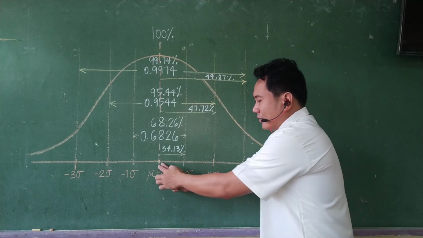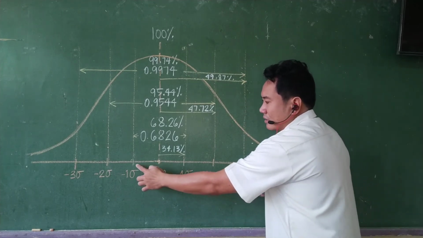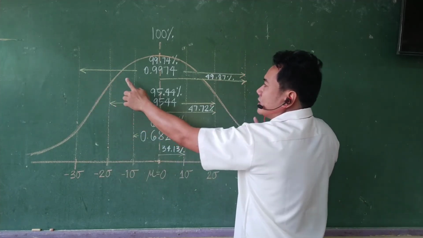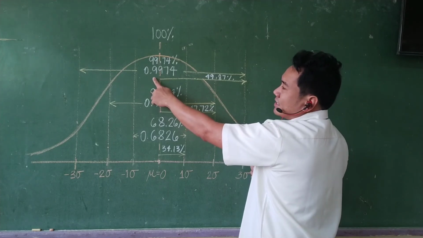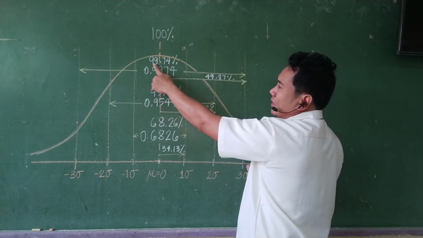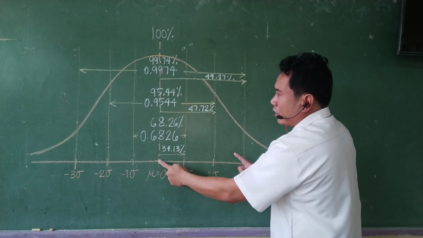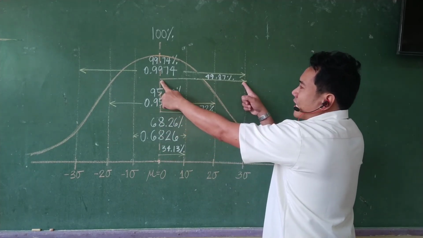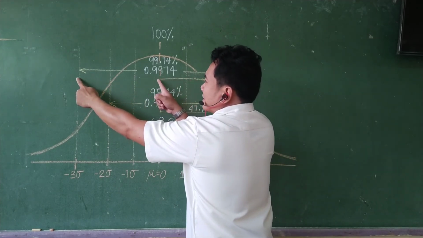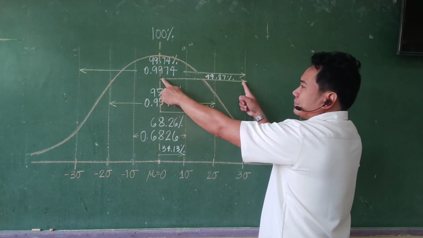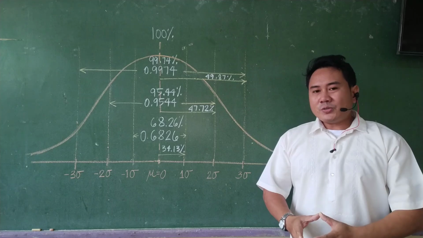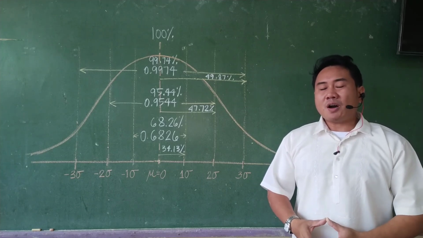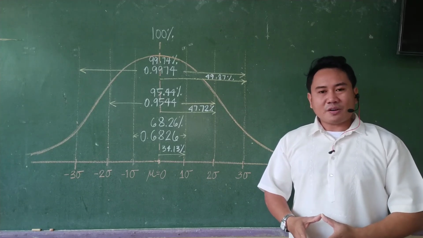And last, three standard deviations from the mean is equal to 0.9974 or 99.74%, or it's 49.87% on both sides. Those are the areas under the normal curve for every standard deviation from the mean.